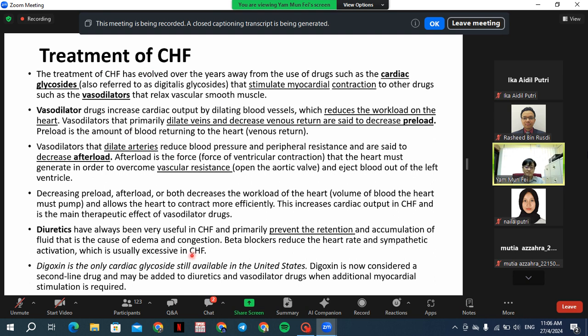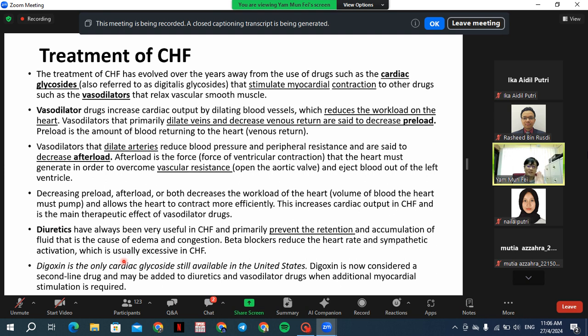Sometimes they also select a diuretic, because they want to excrete the extra fluid from your body. They use a diuretic because they don't want more water retention, so they excrete it out.